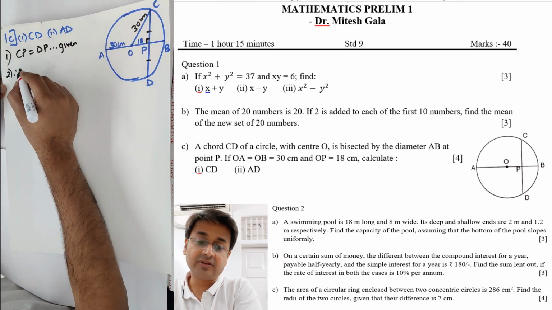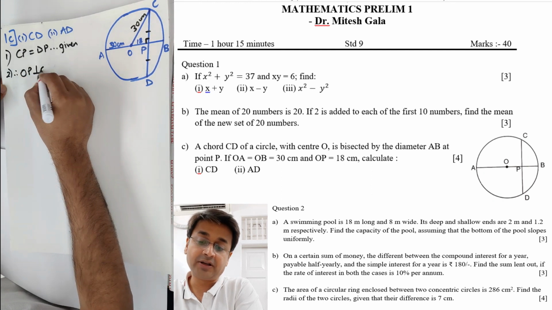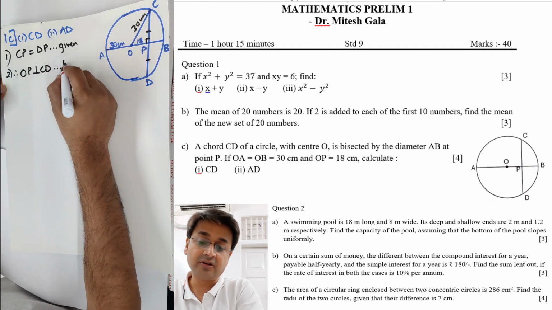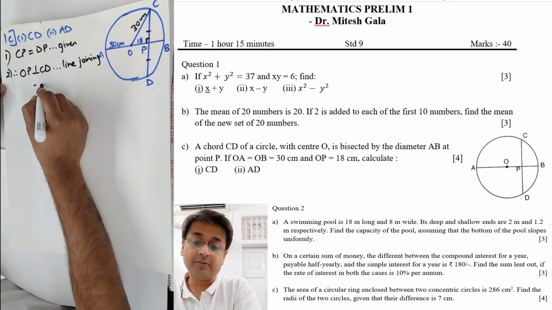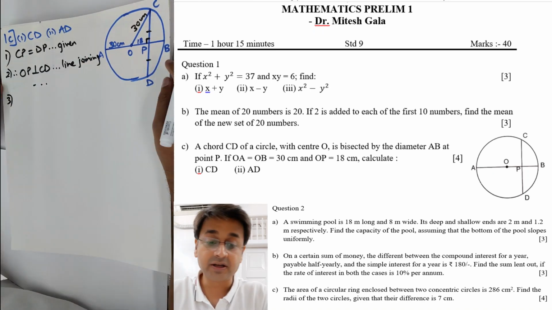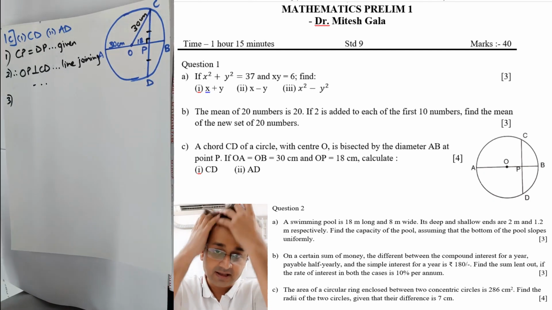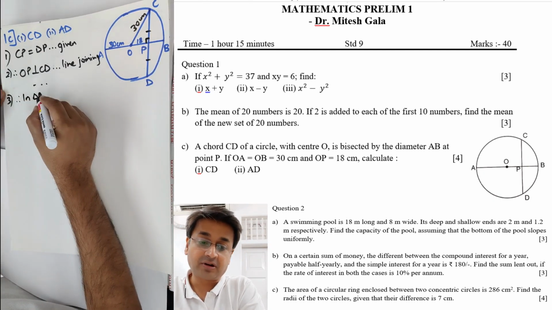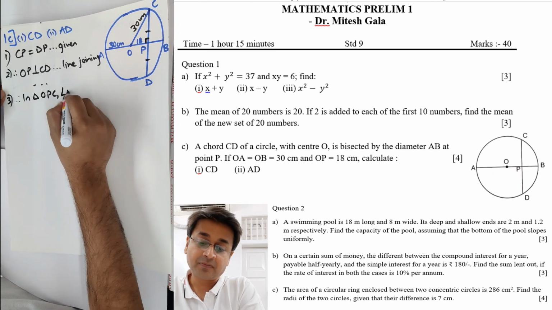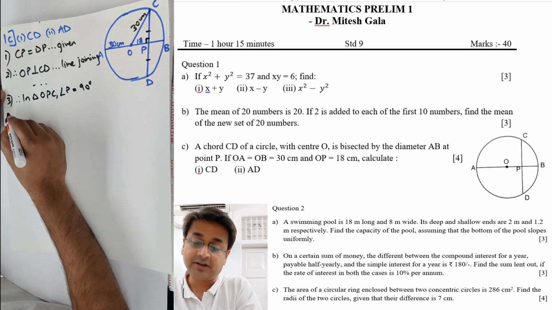And since it is given, therefore OP is perpendicular to CD. Reason will be: line joining the center of the circle and midpoint of the chord is perpendicular to the chord. I hope you write the entire statement. Please do write. So therefore, now in triangle OPC, angle P is 90 degrees.